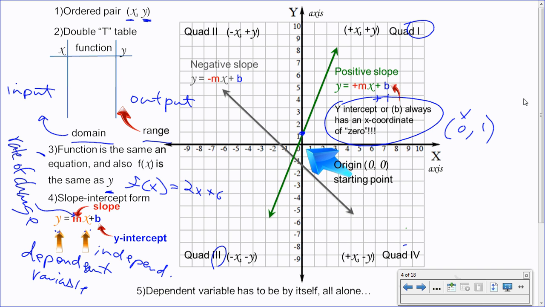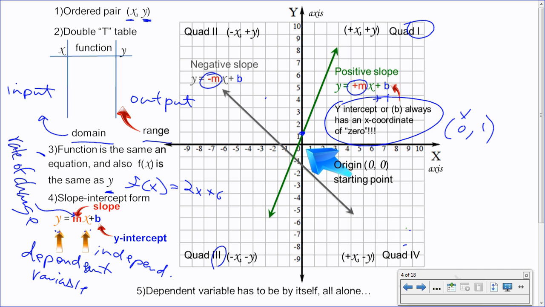It is rising, right? So if it's rising, it always has a positive slope. Everybody clear on that? Okay, draw your line from quad 2 to quad 4. If it goes from quad 2 to quad 4, that line is decreasing, or what do we say? Falling. If it's falling or decreasing, then our slope is always negative.